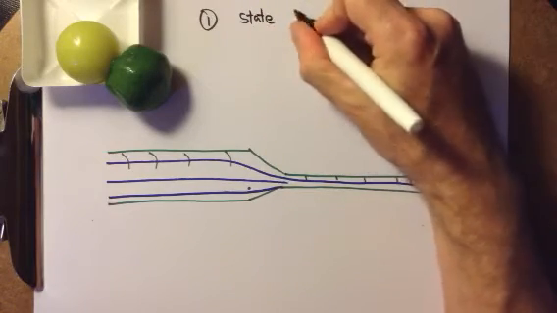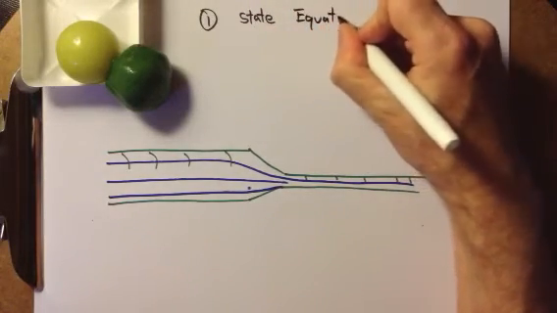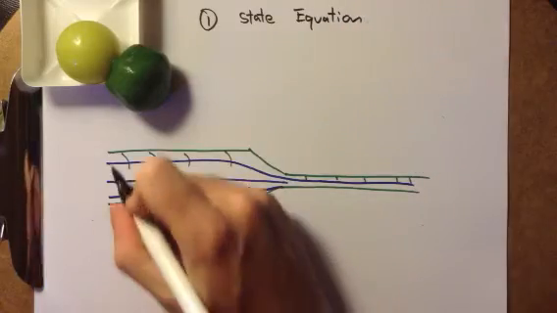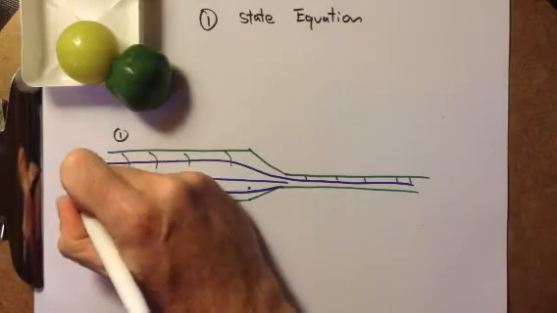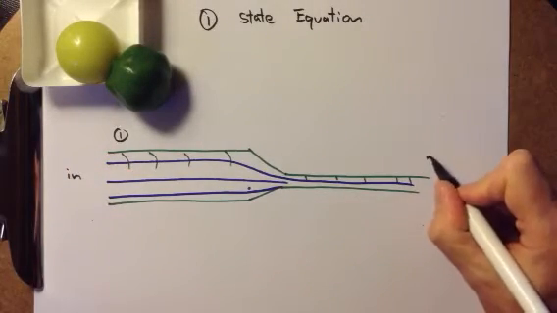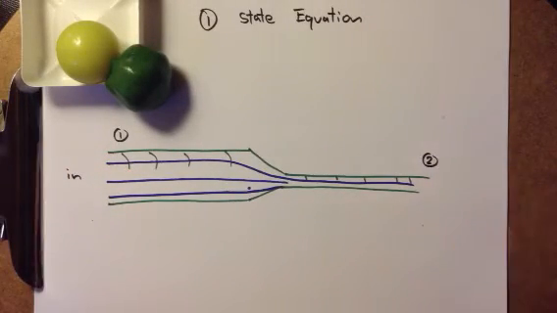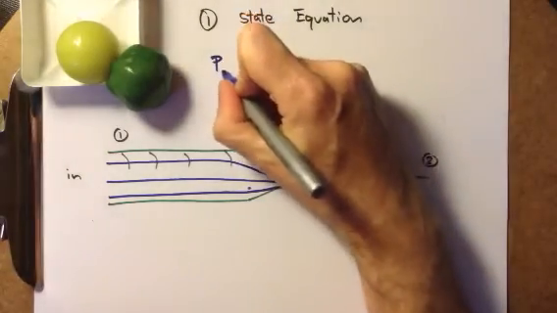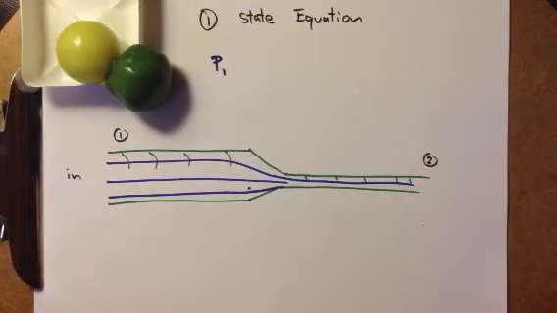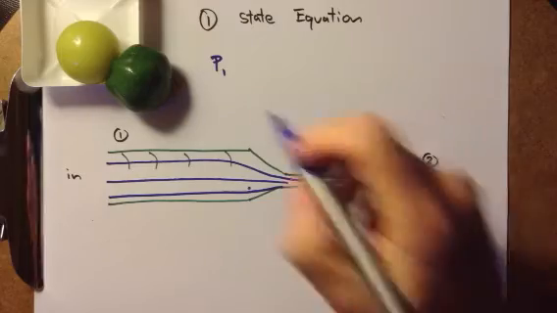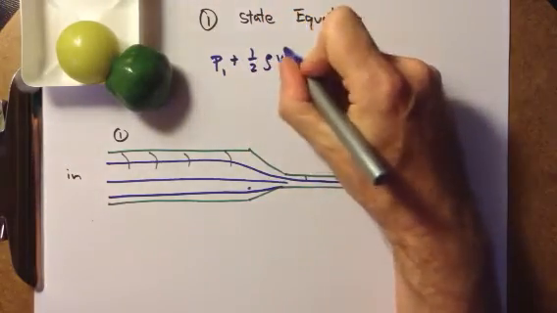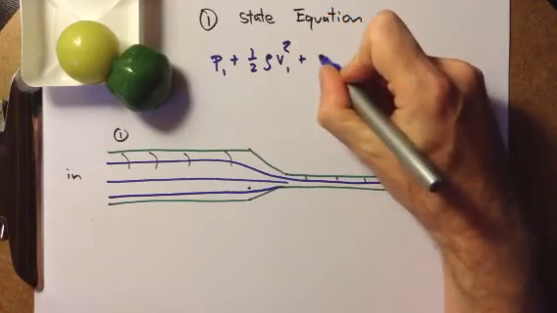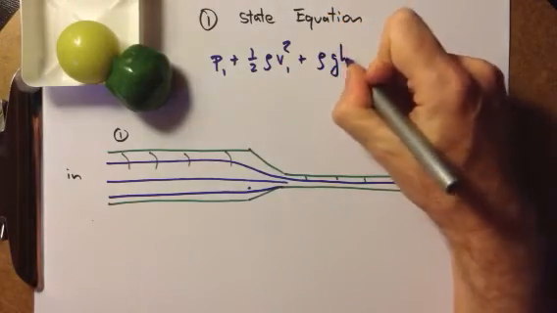State the equation. You have to do that for 2 points in order to get an equation. So let's take the point into the tube and the point out of the tube. On the input side, we have the pressure, the work performed onto the volume element, plus its kinetic energy, plus its potential energy.